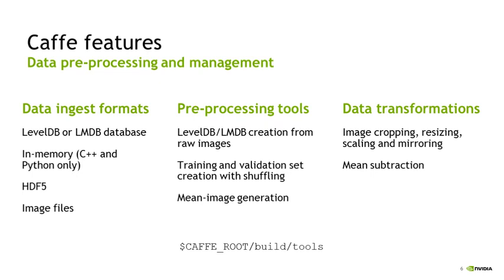path, Caffe root /build/tools. In that folder, there are a number of command line tools that allow you to do things like create these LevelDB or LMDB databases from raw images, split your data set into training and validation data, including shuffling, and generating the mean image, which you would then subtract from your data.